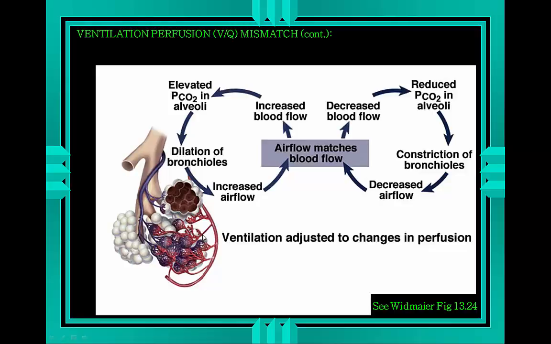So this means that the VQ, or ventilation perfusion ratio, of the lungs above the heart is slightly higher. That is, more airflow, less blood flow, than the region below the heart, which is called the base of the lungs.